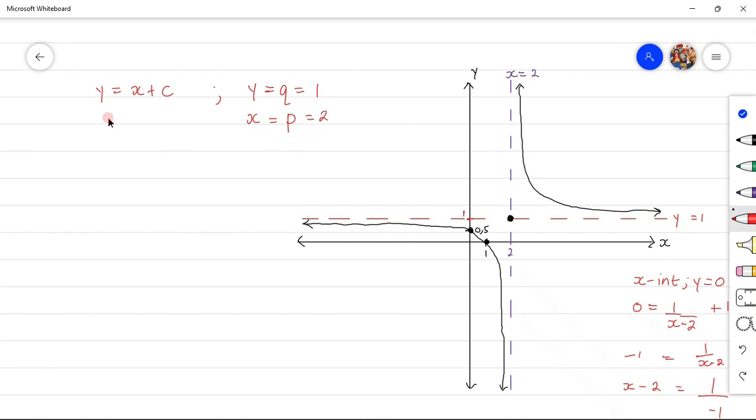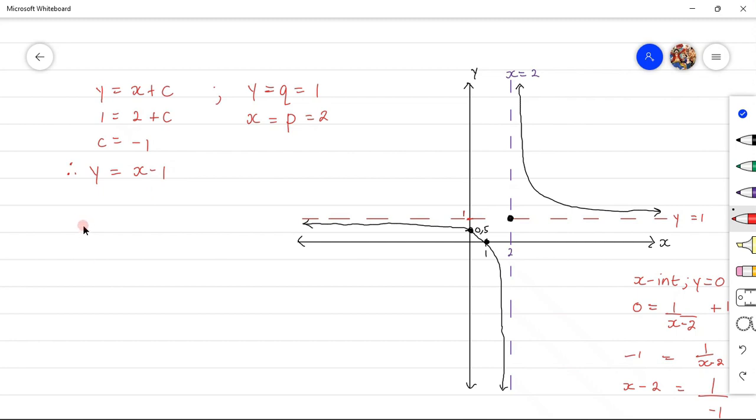So let's substitute y as 1, and x as 2, plus c. From here, we know that c equals 1 minus 2, which is negative 1. So we therefore have our positive axis of symmetry as y equals x minus 1.